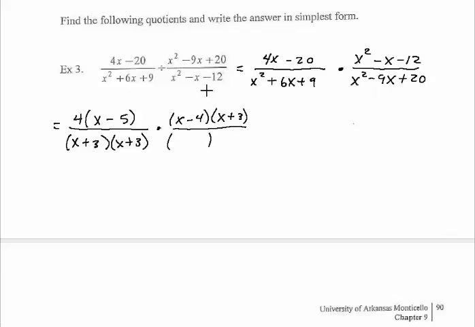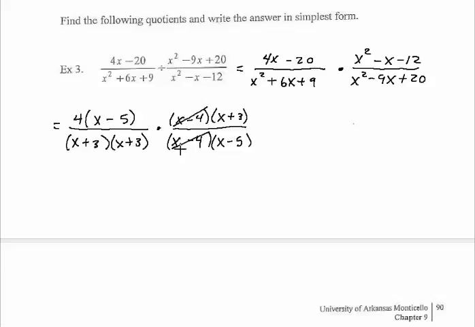And now for the denominator, we have factors of x minus 4 and x minus 5. Negative 4 times negative 5 is plus 20, and negative 4 plus negative 5 is negative 9. So the way I factored these polynomials checks out, and now we just simply cross out what's common to both numerator and denominator.